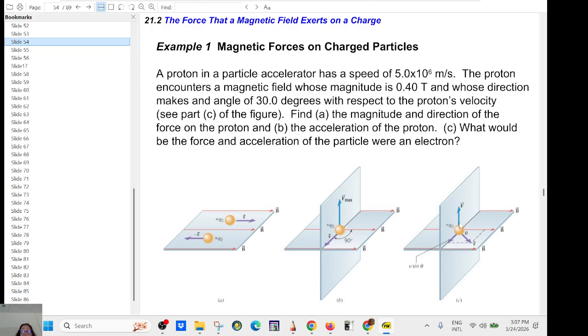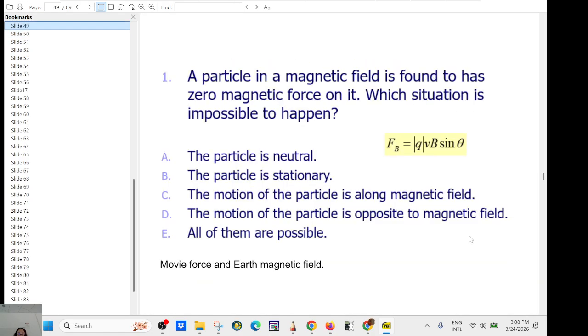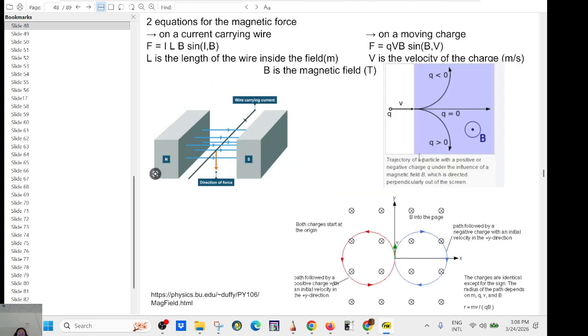The magnetic force is QVB times the sine of the angle between V and B. For this class, this angle will be either 0 or 90 degrees, so you don't have to worry about that. This is the equation here, QVB.